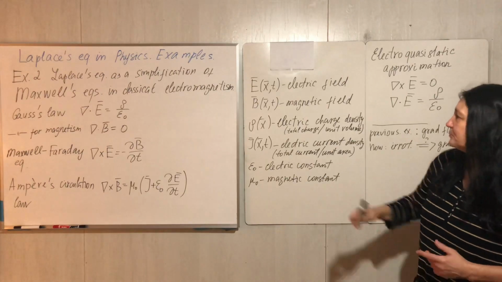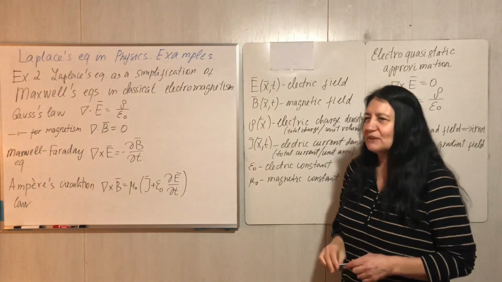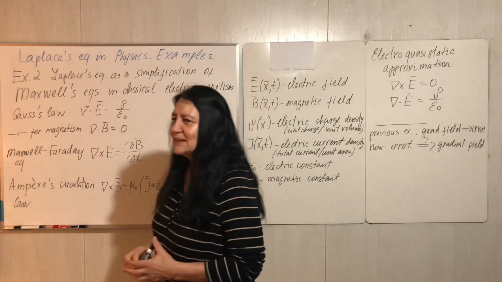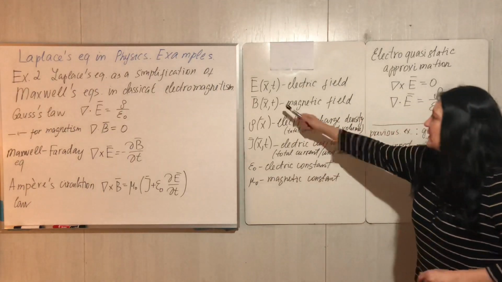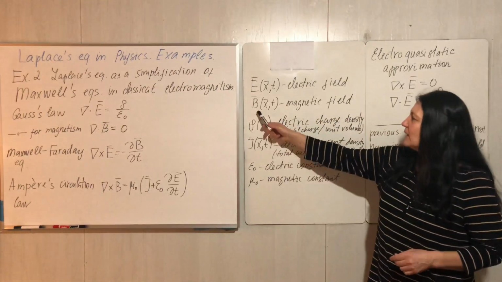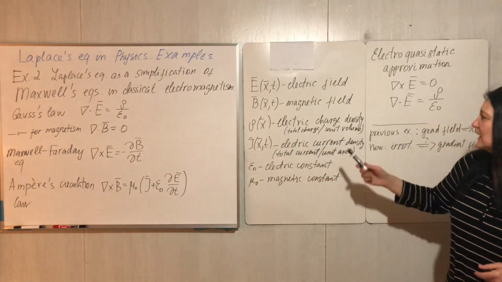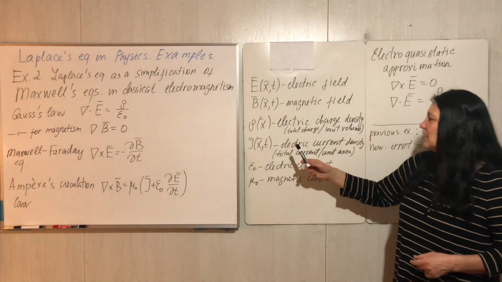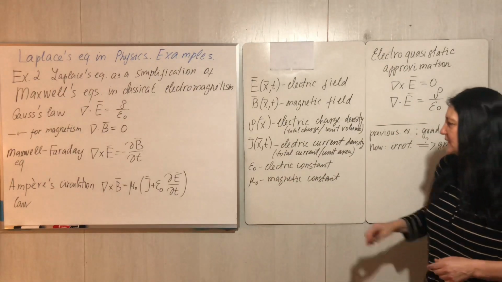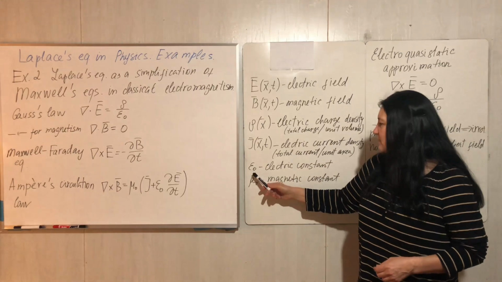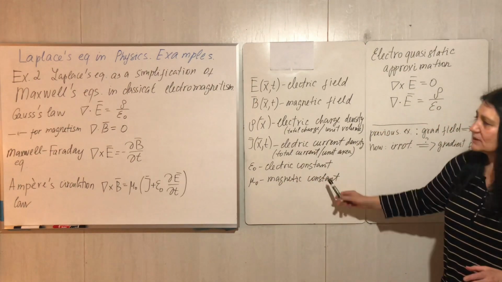B is a vector, well, it's not actually a vector, it is a pseudovector. This magnetic field is denoted by B, and rho is a scalar electric charge density, and J here is the electric current density, and epsilon naught and mu naught are electric and magnetic constants.